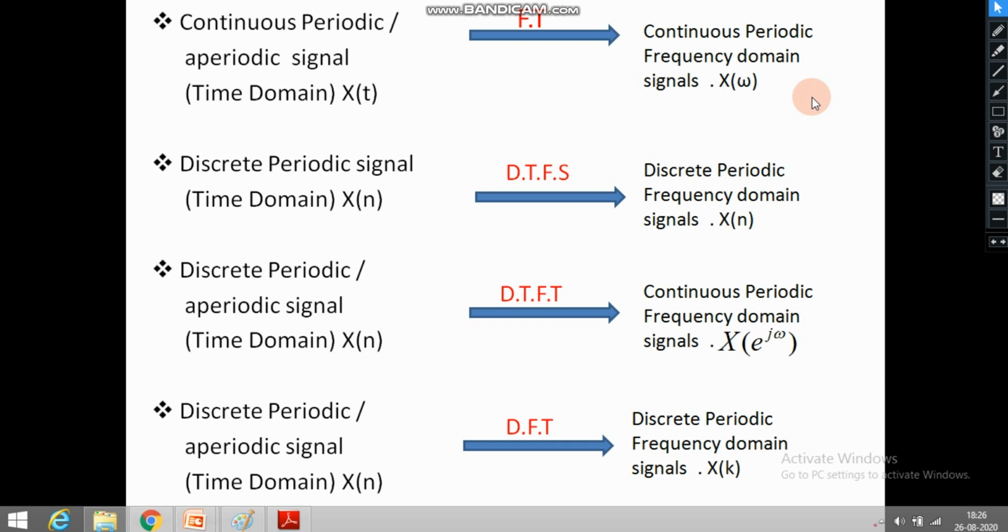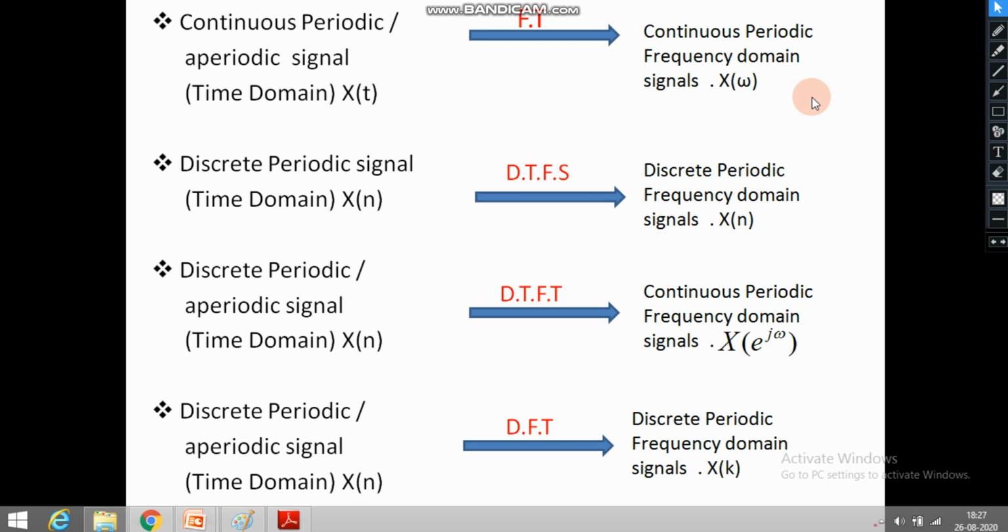In the previous video, we considered why the Fourier transform is used and how it is used for signal processing. The Fourier transform normally converts a signal in the time domain to a frequency domain signal.